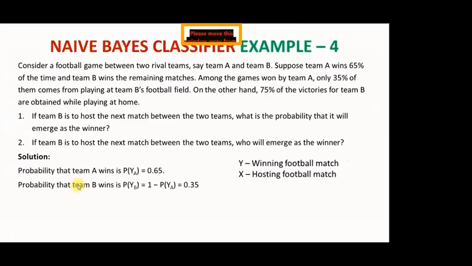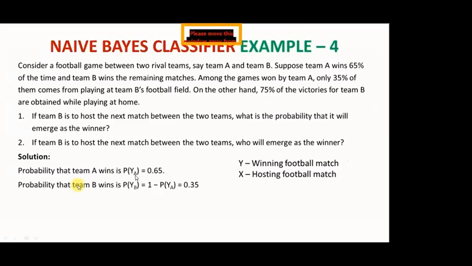Okay, first the given data. See, take two variables Y and X. Y represents winning the football match. X means hosting the football match. So the probability that team A wins, they have given 65%.